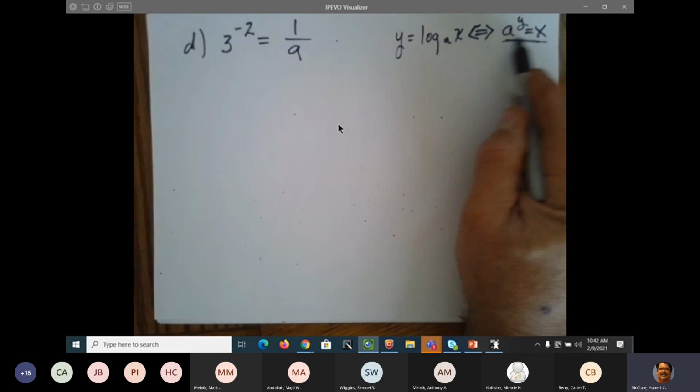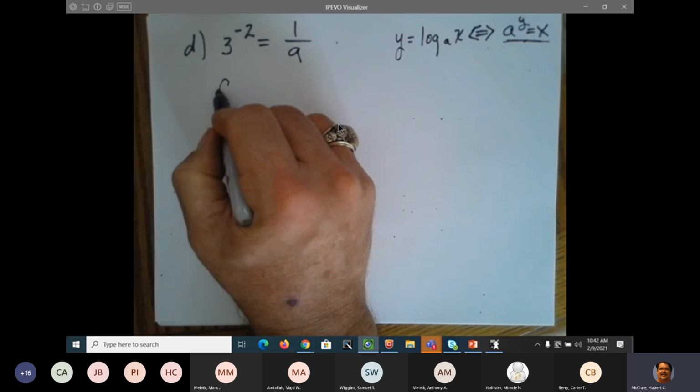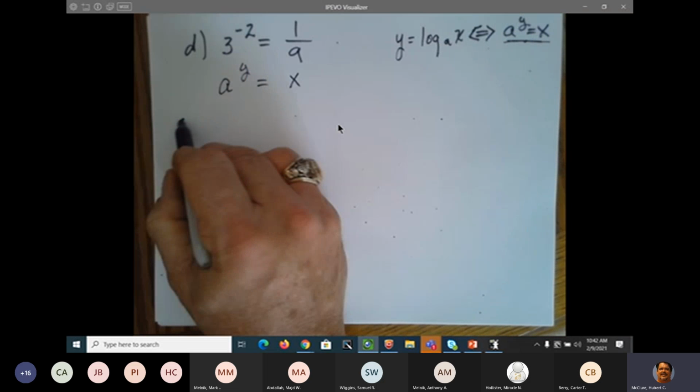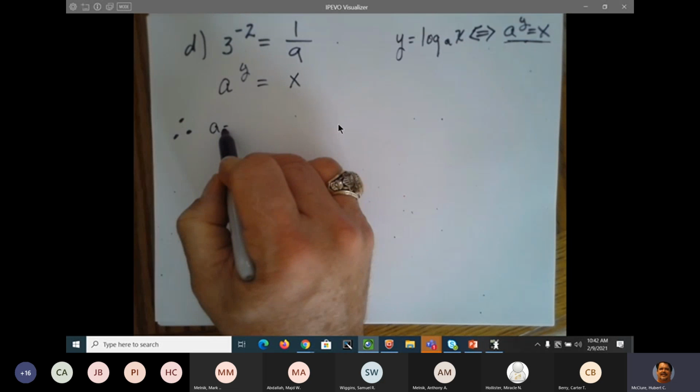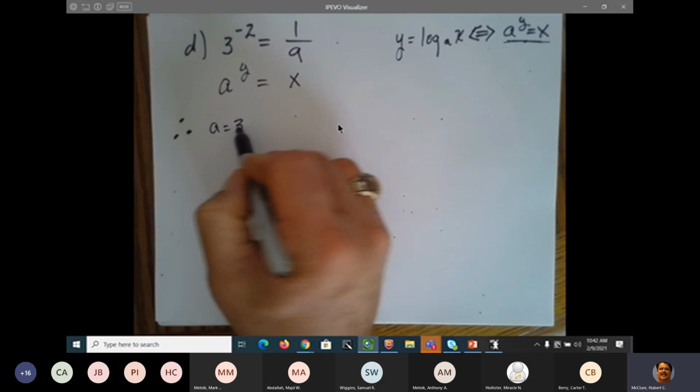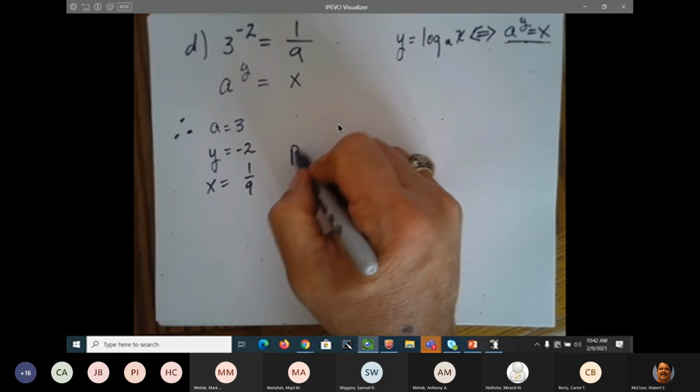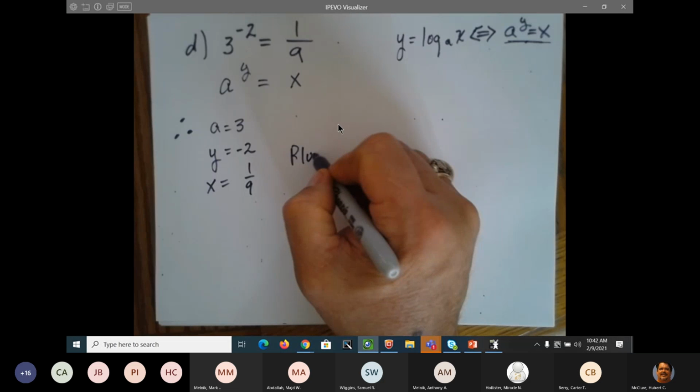So I'm going to rewrite this under the problem. A to the y is equal to x. Therefore, a is equal to 3, y is equal to -2, and x is equal to 1/9. Now what? Plug in what?